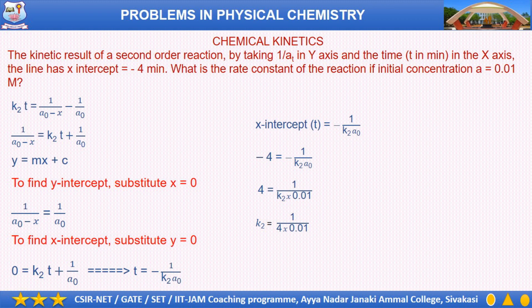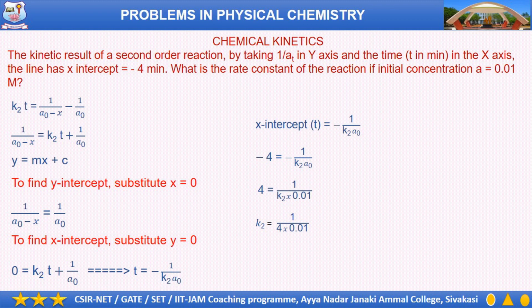Now, on the other hand, is it possible to get the x-intercept? Definitely. Take the y-axis as 0, now you would get 0 equal to K2 into T plus 1 by A naught. Now you have to find out this x-axis value T. Therefore, T is equal to minus 1 by K2 into A naught. The x-intercept is nothing but minus 1 by K2 A naught.